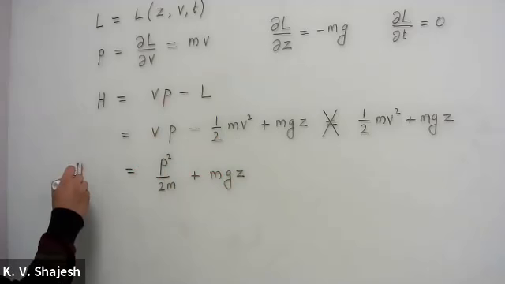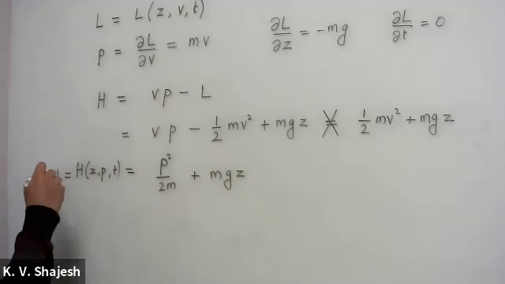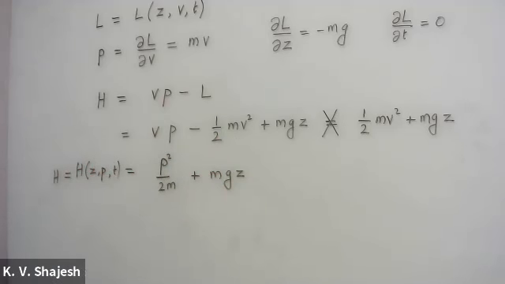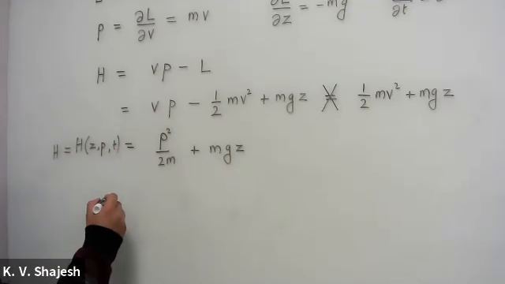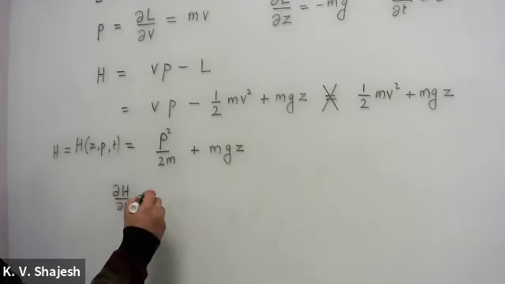And in this manner, this is z, comma p, and comma t. That's your Hamiltonian. What are the quantities it depends on? The partial derivative of h with respect to z is, of course, mg.